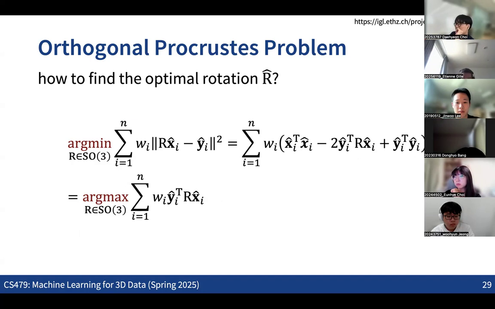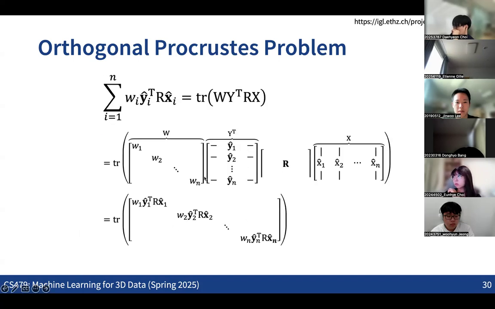Okay. So just for convenience, what we are going to do is write this equation in matrix form. So let me define the big W, Y and X matrices. The X and Y matrices are made by stacking the coordinates as columns like this, right? So we are stacking all the coordinates of the endpoints here as columns. That becomes the X matrix and the Y matrix. And then we are also defining a diagonal matrix where we have all the weight terms here.